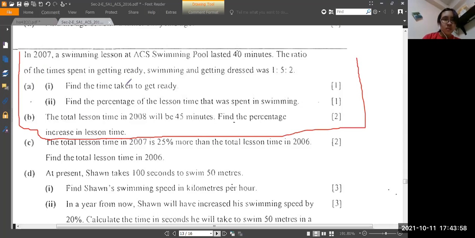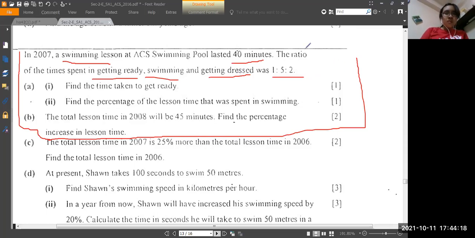A and B. Oh, by the way, a swimming lesson is 40 minutes. So during the swimming lesson, you have getting ready, swimming, and getting dressed, and the ratio is 1:5:2. So how do you find the time taken for getting ready?